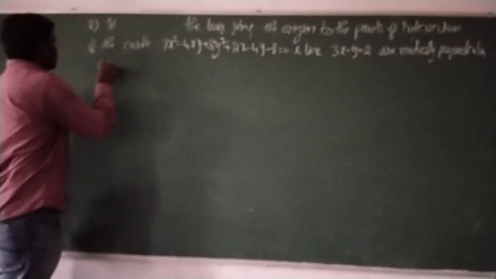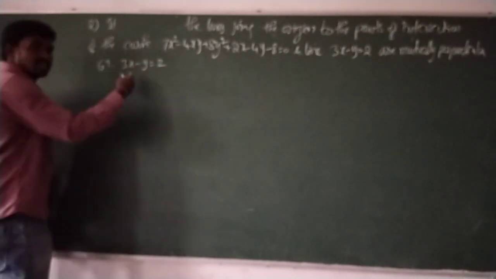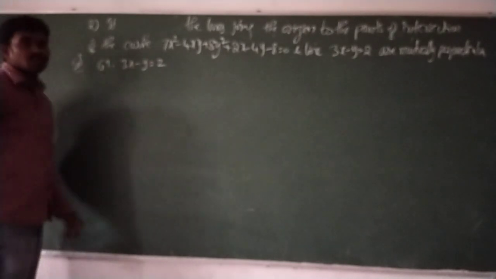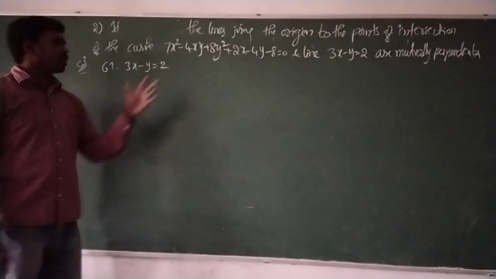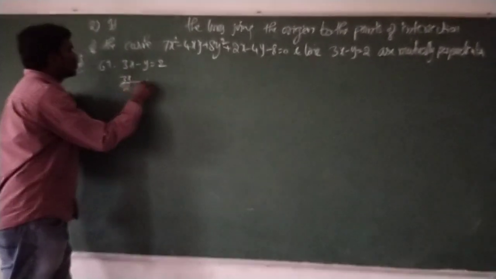Given line first of all given that 3x minus y equal to 2. We must express it is equal to 1. But is equal to 2 is there. So to get 1, divide by 2 on both sides. So 3x minus y by 2 is equal to 2 by 2. Means what? 3x minus y whole by 2 is equal to 1. We are getting. Got it?